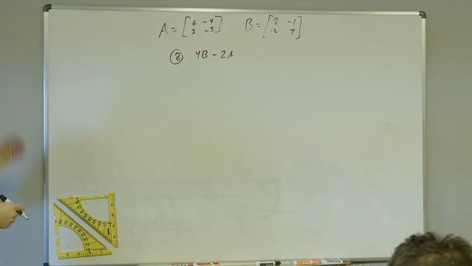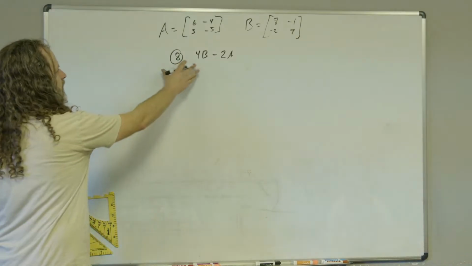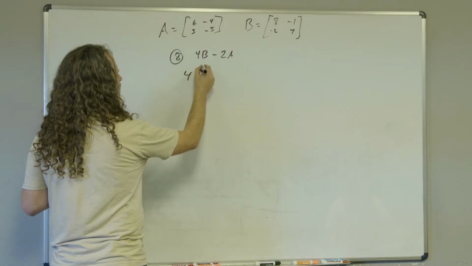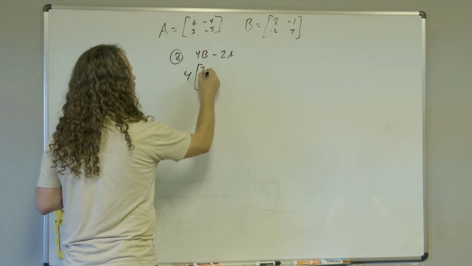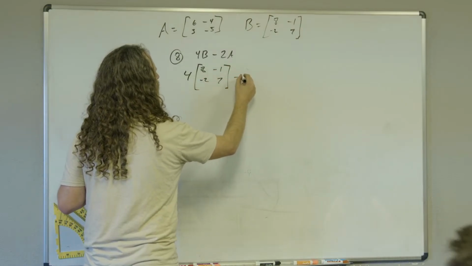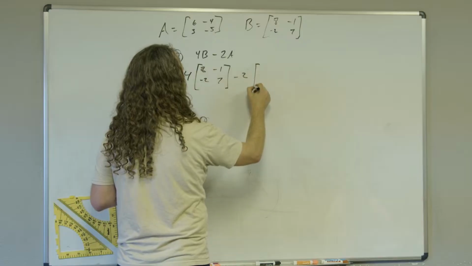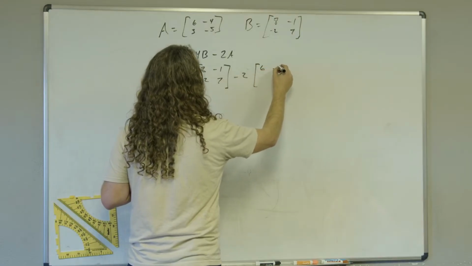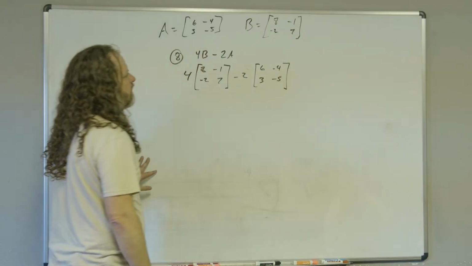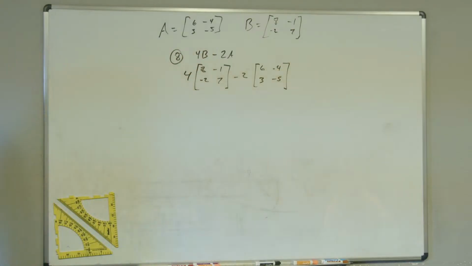Okay, so let's just write this matrix equation with the matrices shoved into it: 4 times B, which is 8, negative 1, negative 2, 7, minus 2 times the matrix 6, negative 4, 3, negative 5. What do we have to deal with first on this problem?